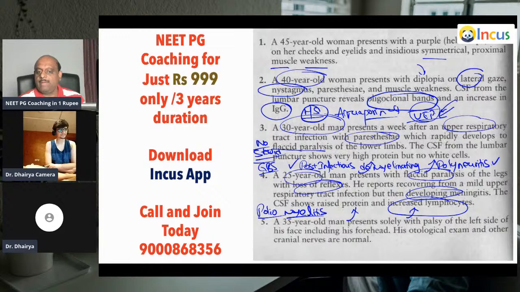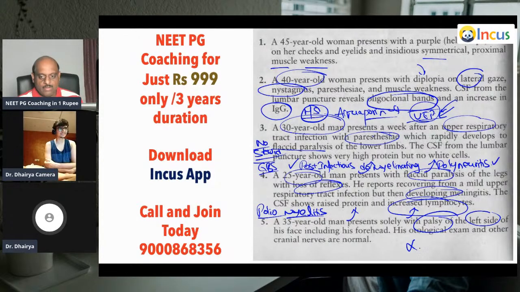Now, a 35-year-old man presents solely with palsy of the left side of his face, including the forehead, no sparing of forehead. So, is it LMN or UMN type of facial palsy? This is an LMN type of palsy.